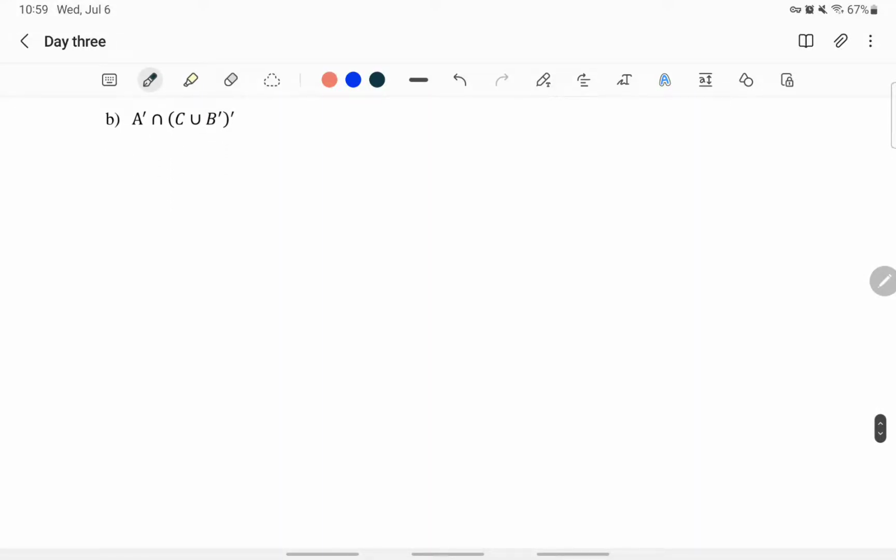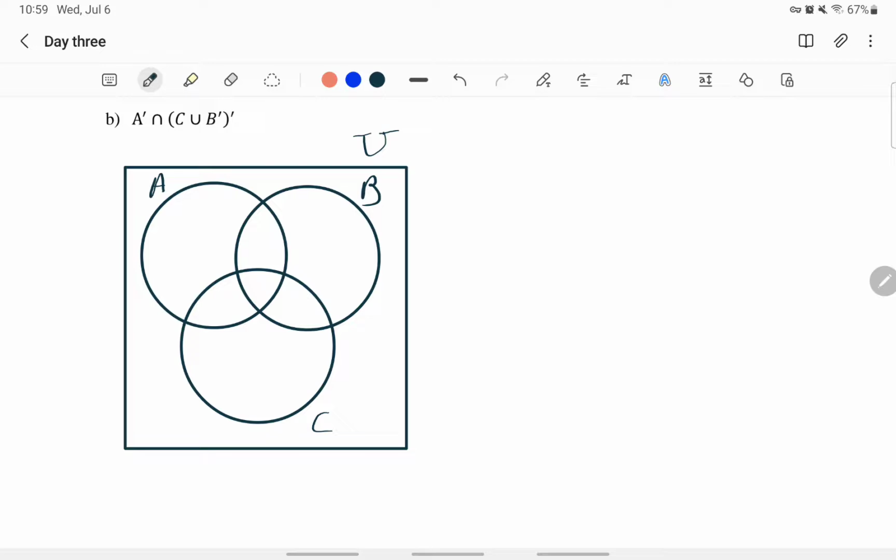This one requires a little bit more work. Okay, let's once again number our regions. And then let's continue by finding the basic sets.